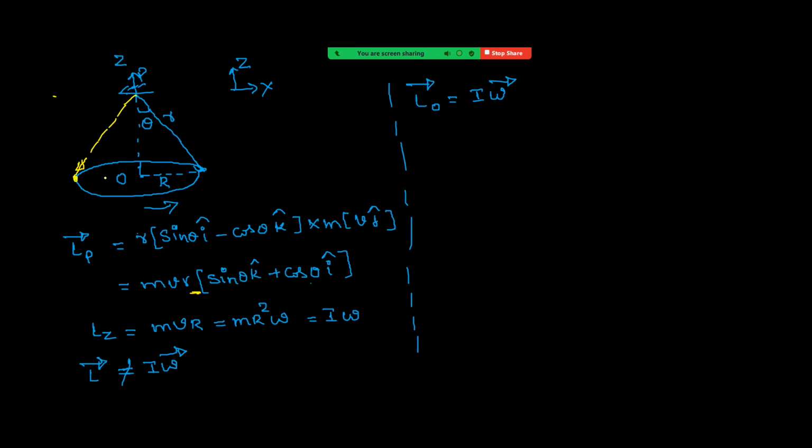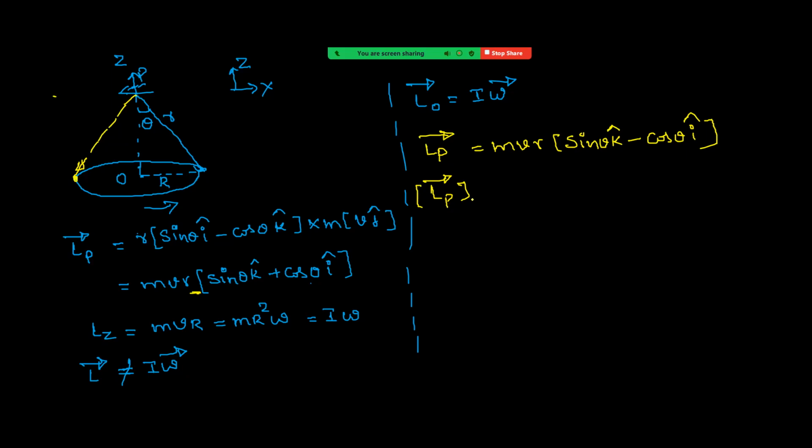That means about P, L will be M V R sine theta k cap, in which the component has no change, and the other component is cos theta i cap with a minus. So when you take diametrically opposite particles and sum these two, the net value about P follows.